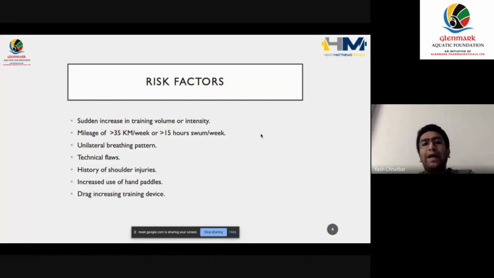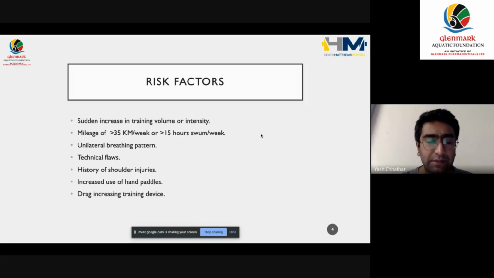Risk factors, what adds fuel to the fire? If there is a sudden increase in training volume, say you've been on a holiday and then you suddenly start training at full intensity, then obviously it might have an adverse effect. Mileage: it is research based and statistically shown that if you swim more than 35 Ks a week or more than 15 hours, then you have a higher risk of a shoulder issue.